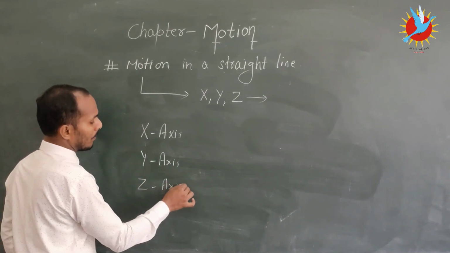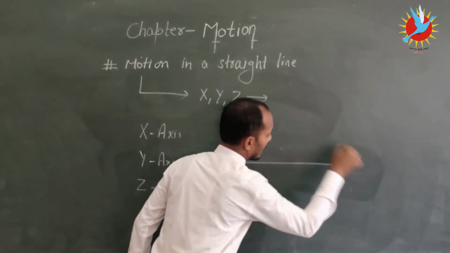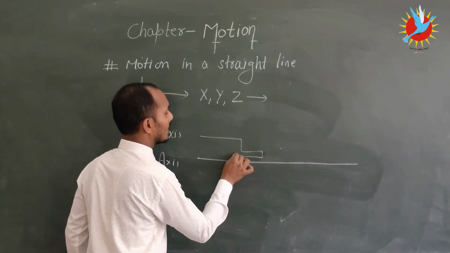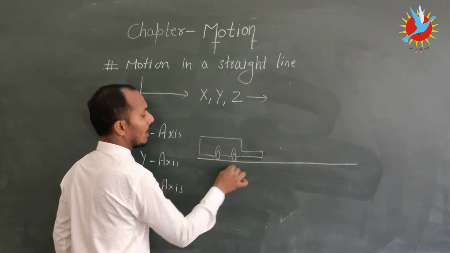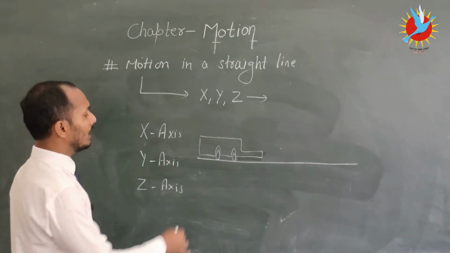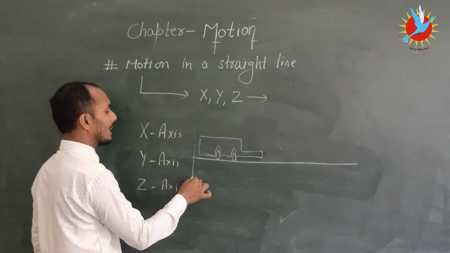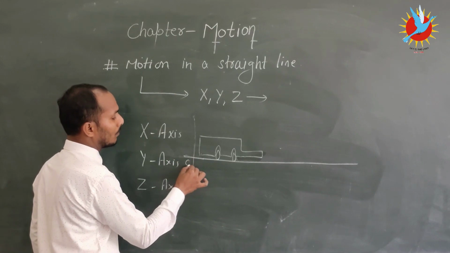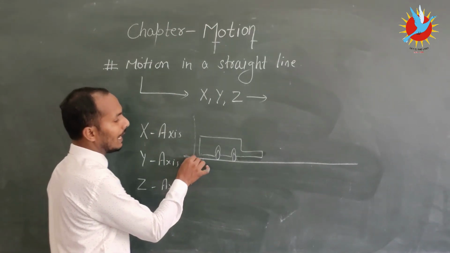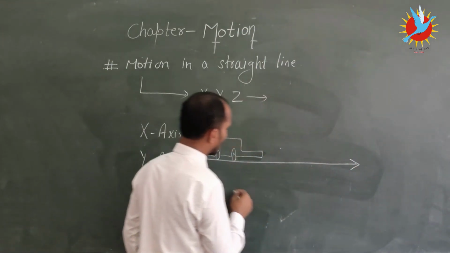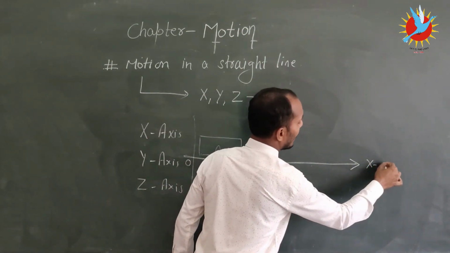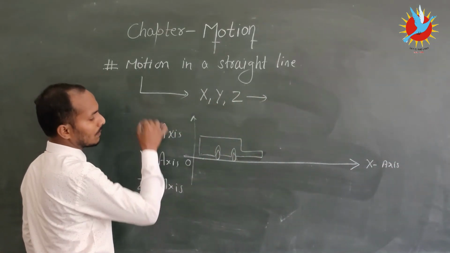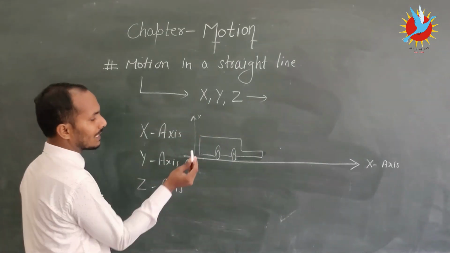For example, suppose there is a straight road and a car is moving along this straight road. Suppose this is the origin, the starting point of the car, which may be considered the reference point. The road is along the x axis. You can consider the other directions as the y axis or z axis.